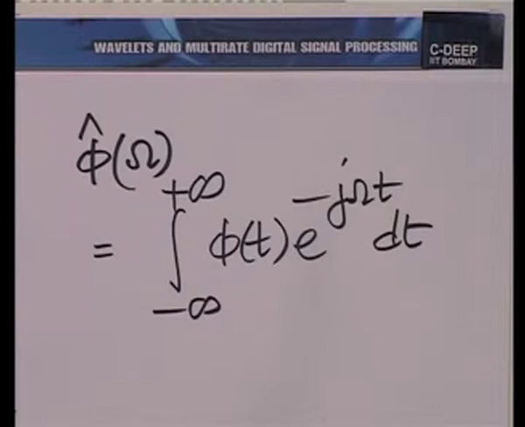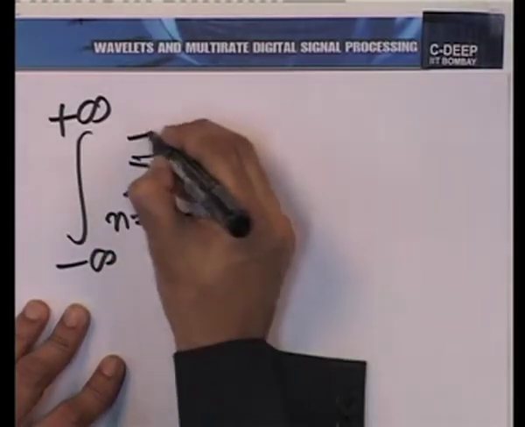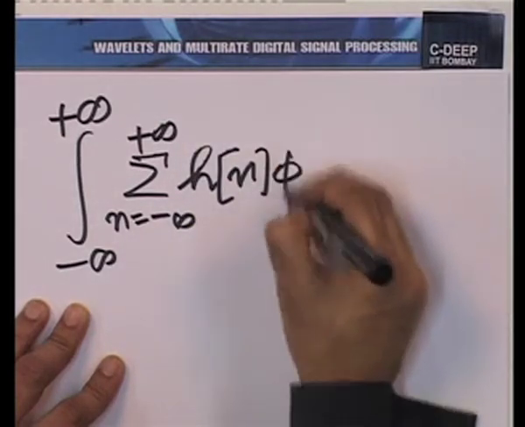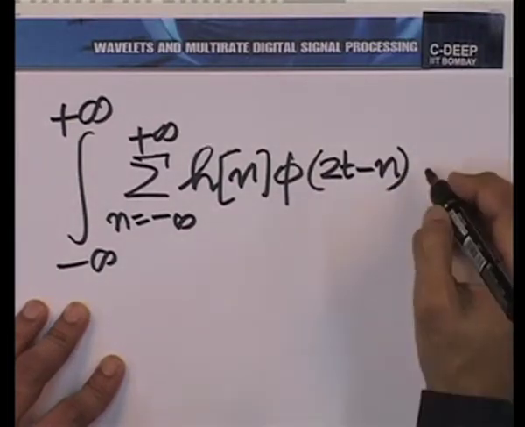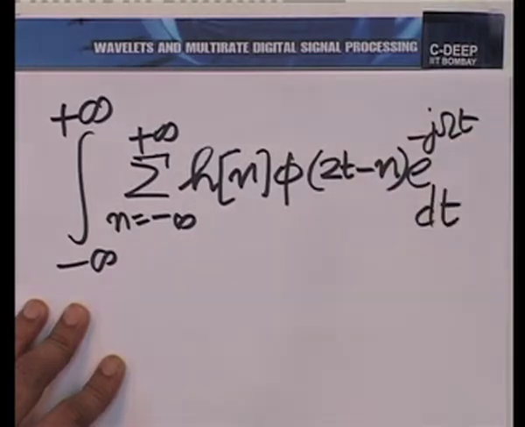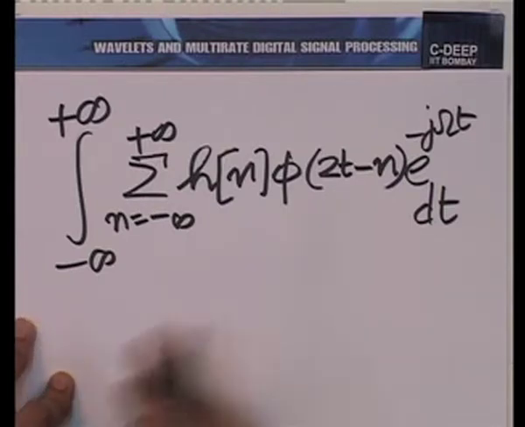So, we write down integral from minus to plus infinity summation h[n] over n times phi(2t minus n) e raised to the power minus j omega t dt, integrated all the way from minus to plus infinity. So, we have this integral here.